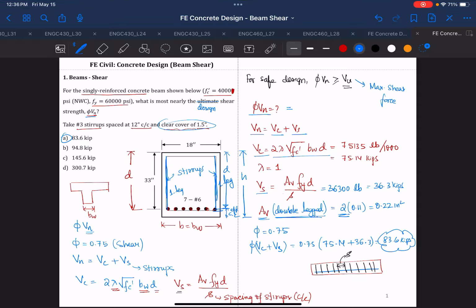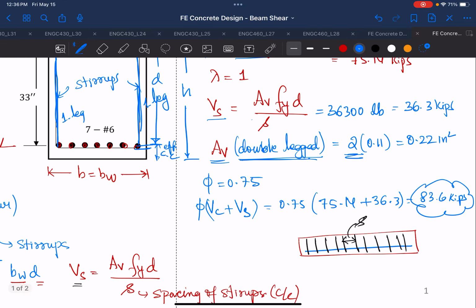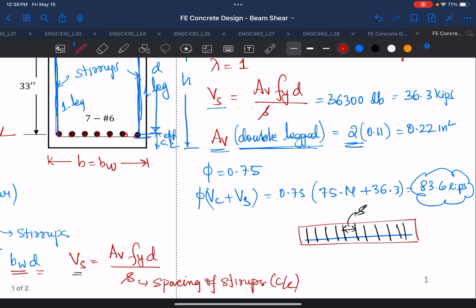And now for Av we need to remember whether it is a single leg, double leg, or triple leg, but in this case we provided legs at both sides, so it becomes double leg. And you may ask me, Gideon, how does a single leg look like? So let's say you have a beam, and then you have the main reinforcement over here. In this one, this is your single leg.